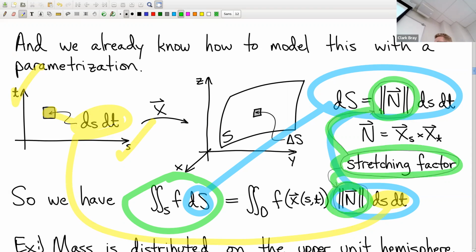Magnitude of capital N is still the magnitude of xs cross xt. So, same. Again, it turns out we already inadvertently knew how to compute these scalar surface integrals. Okay, is everybody happy? Before I do an example, does anyone have any questions going in?